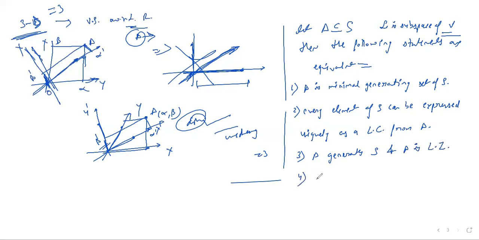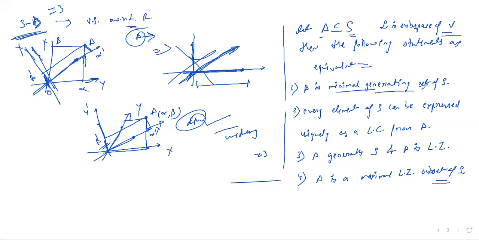Fourth, A is a maximal linearly independent subset of S. So if A is a subset of S where S is a subspace, then these four statements are equivalent.